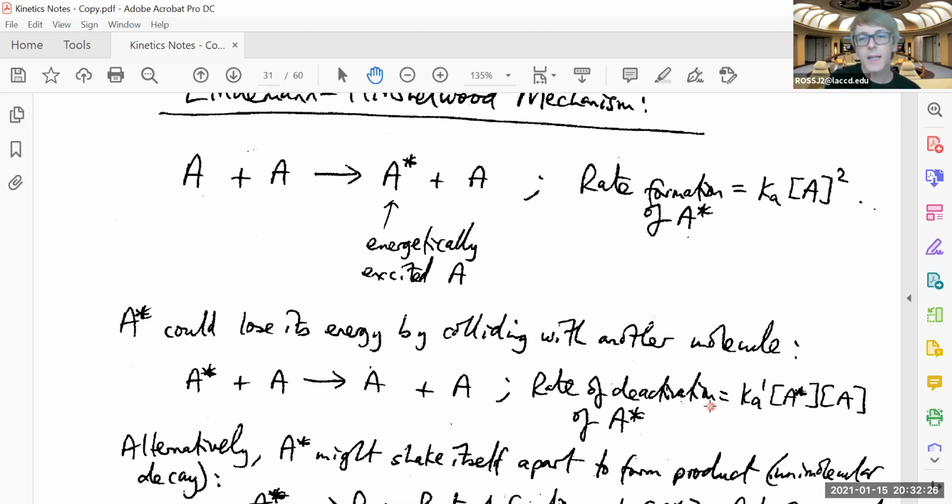The rate of this deactivation would be dependent on the activated complex and the non-activated complex. So we've got A star here and A, and then we've got a new rate constant, Ka prime. The prime here just distinguishes this deactivated Ka from the original activated Ka.